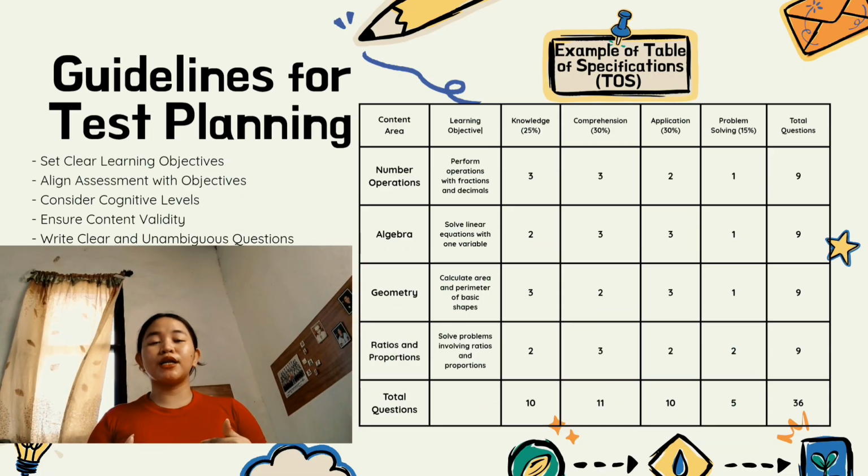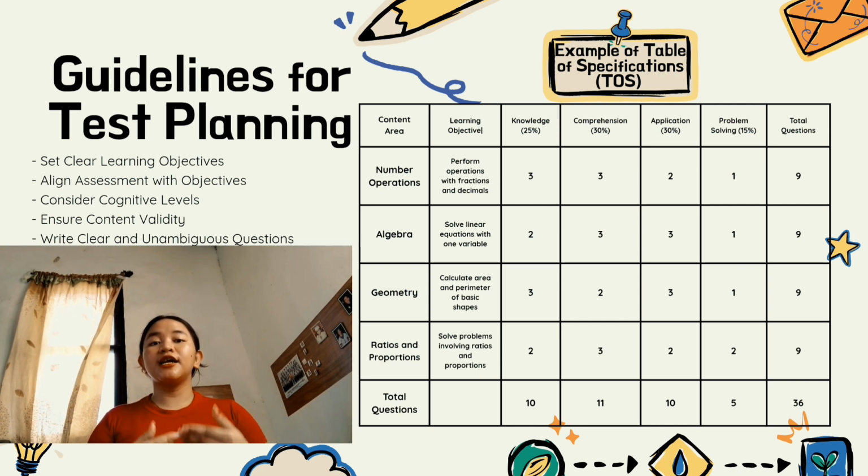So now, I'm gonna show you an example of a TOS or table of specification. In this part, we have the content areas, which are number operations, algebra, geometry, ratio and proportion.